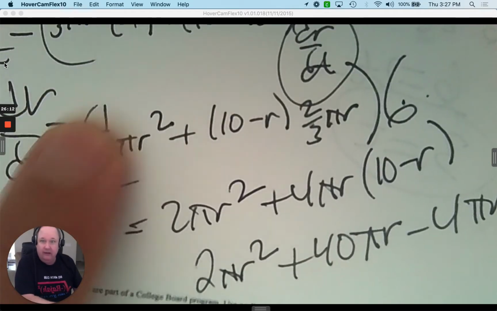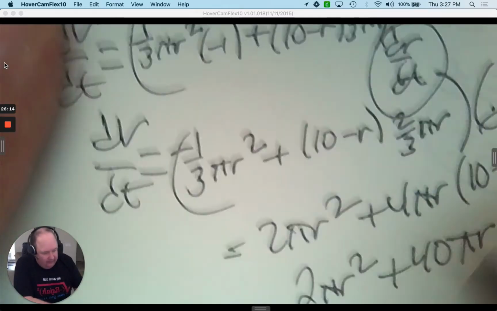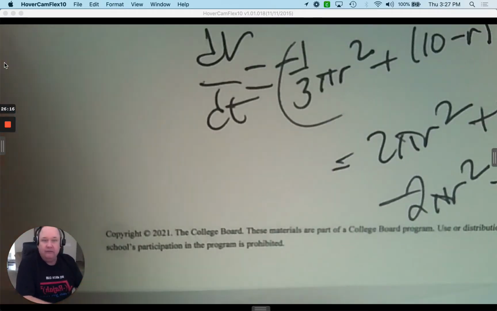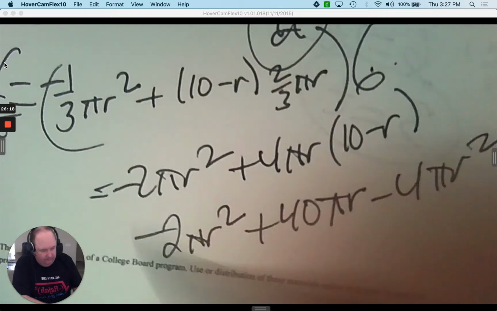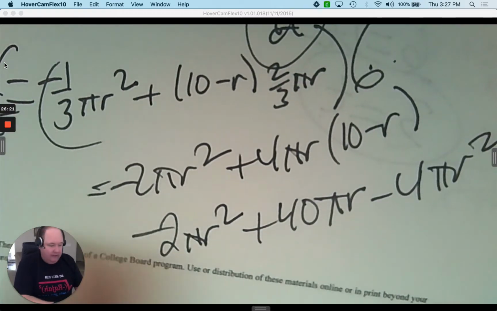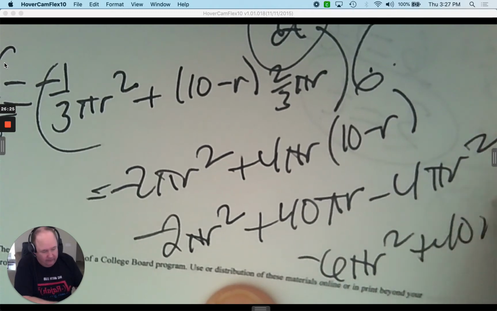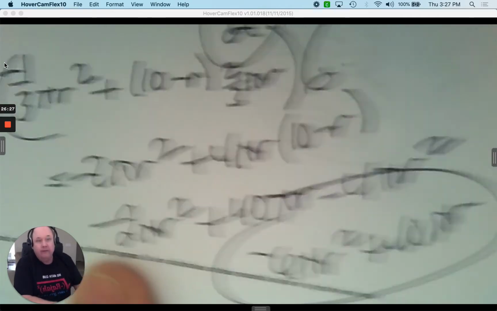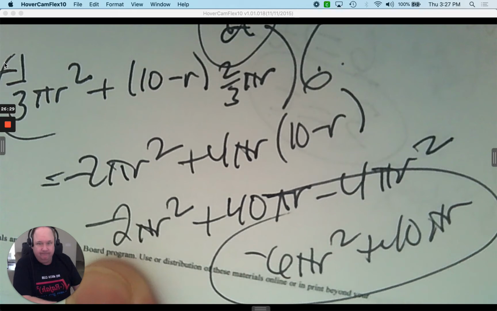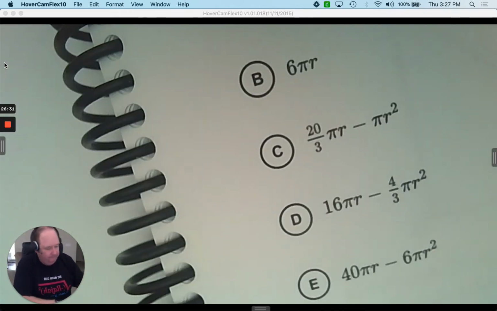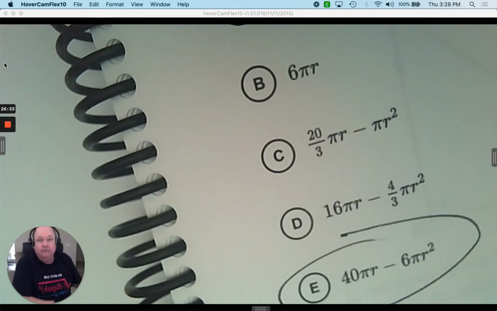I shouldn't lose that negative. So this is negative. So negative 2 and negative 4 is negative 6 pi r squared plus 40 pi r. And there's your answer. So the answer is E.